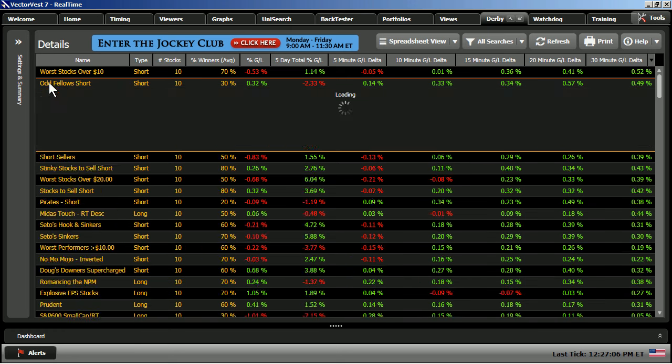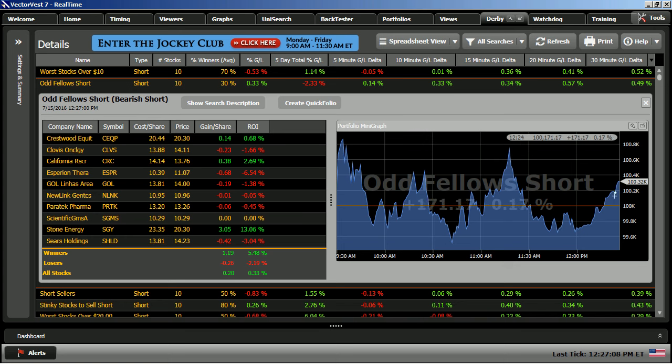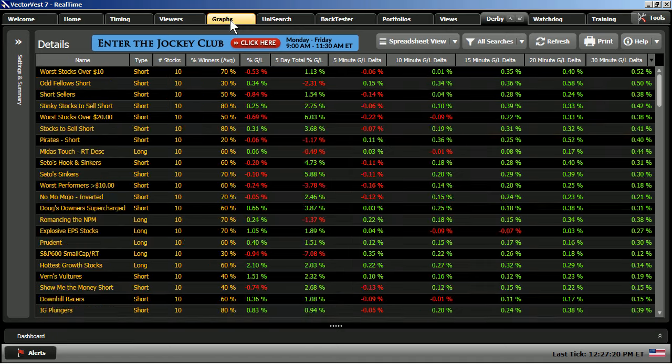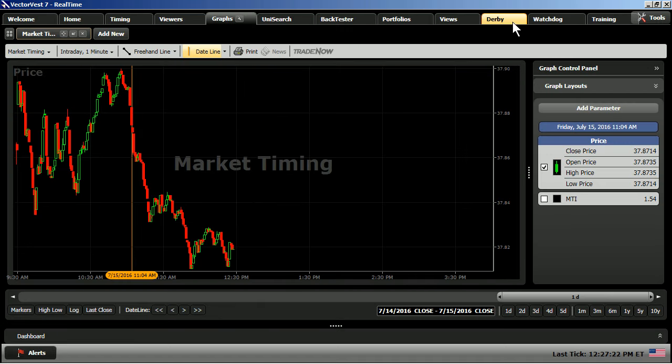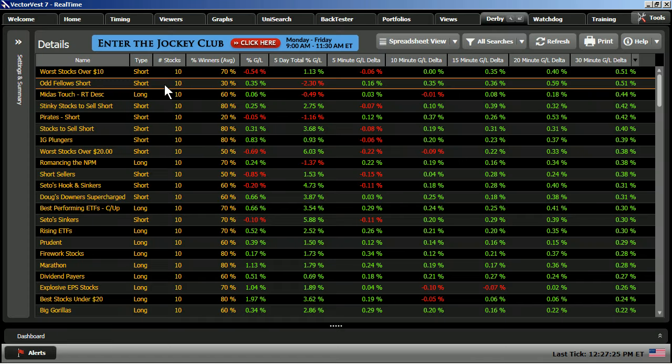If I click on it, you can see, look at that equity curve now over the last 30 minutes. So while this search, Oddfellows short, for example, isn't at the very top of the list, it's showing enough momentum right now that if the market continues to go down, that search may gravitate towards the top of the Derby list.